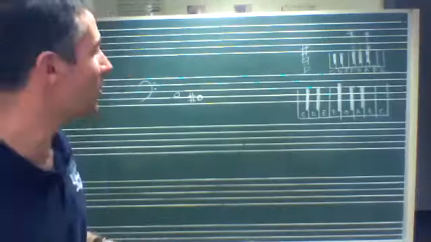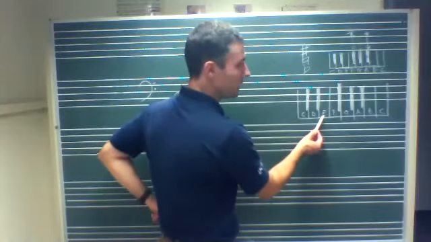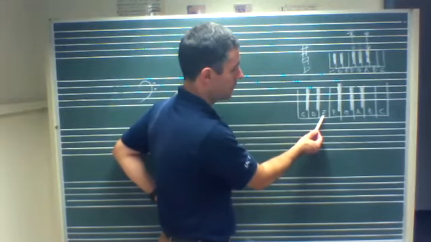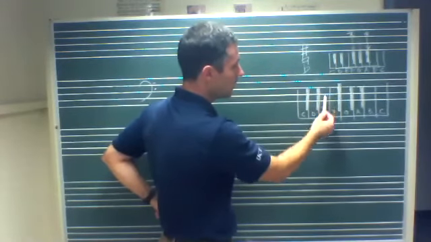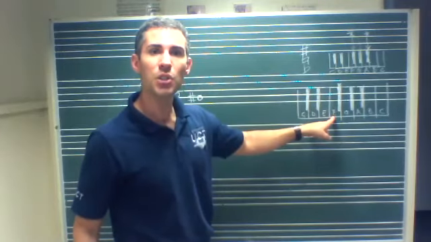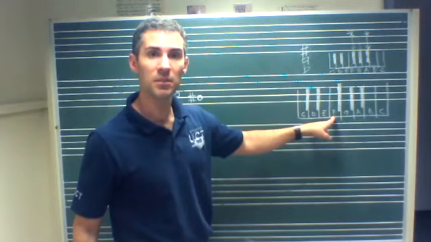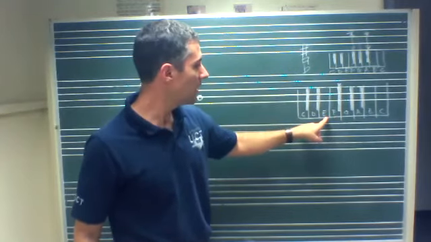No. Okay, let's start with another one. Here's E, right? Can you see the note E? We've got E and F here. Do you see that there's no black note in between them? Take one step from E to F. Is it a tone or a semitone?